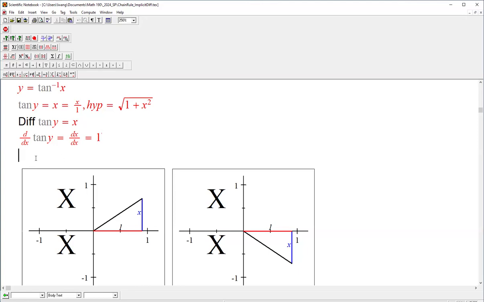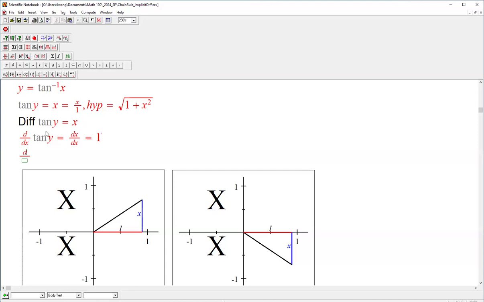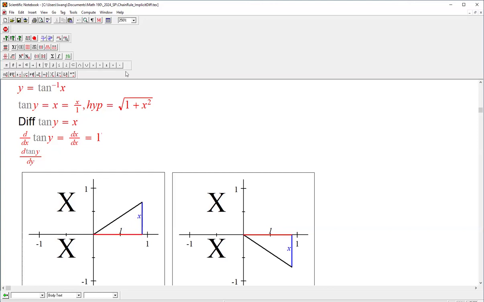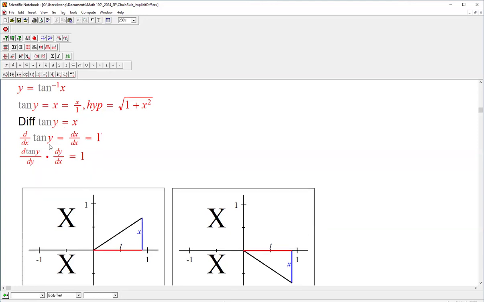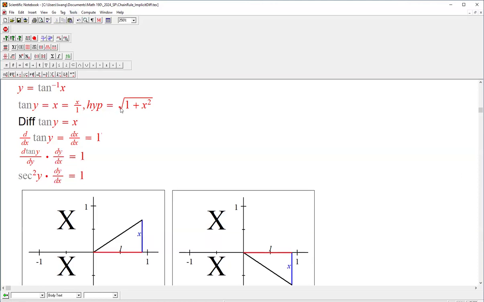After that, chain rule: the derivative of tangent y with respect to y, multiplied by dy/dx, equals 1. The derivative of tangent y with respect to y is secant squared of y, multiplying dy/dx, and that equals 1.